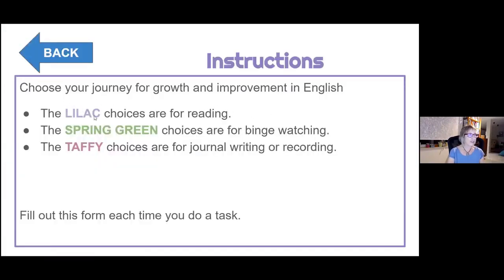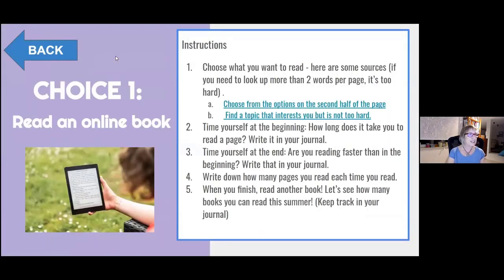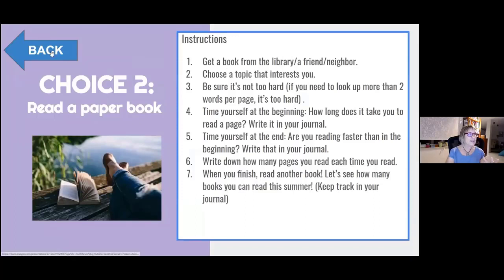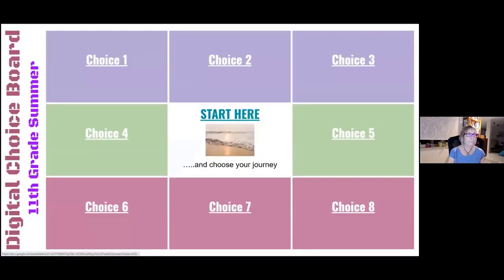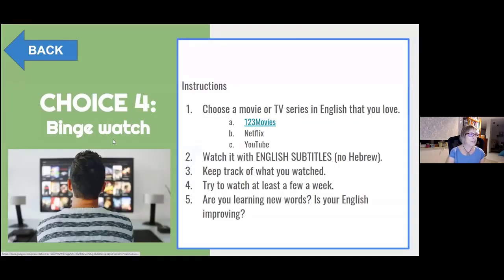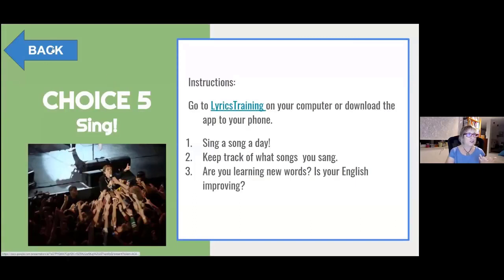They had lilac for reading, spring green for binge watching, taffy for writing or recording. There were different choices for reading, for example, with different options: reading a magazine, reading a book, binge watching a movie, or lyrics training.